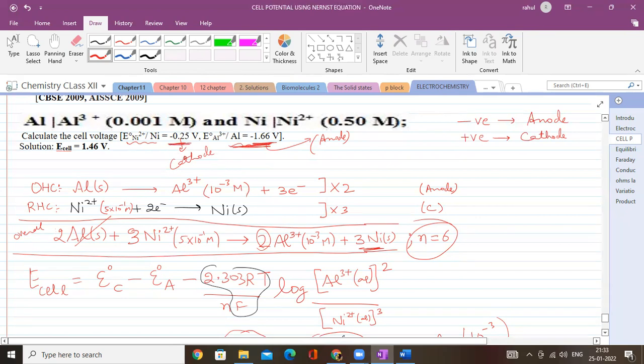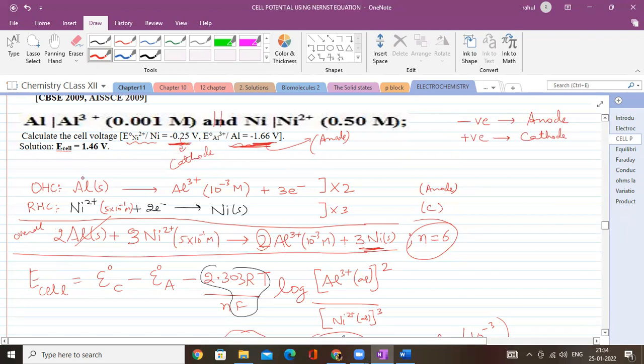While my nickel will be the cathode. Of course, it is merely a coincidence that aluminium is on the left hand side while nickel is on the right hand side. So even if you consider that we have a salt bridge, you will of course be able to solve the question.